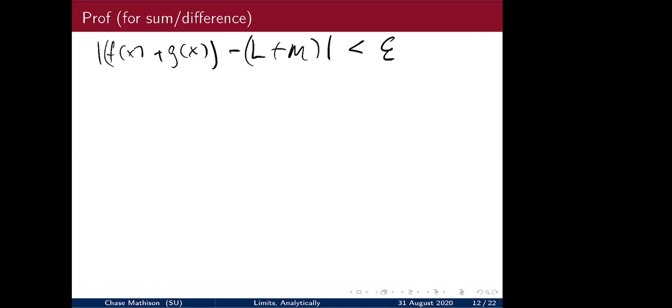Okay, but now I'm just going to simplify what's inside there. On the left, I can rearrange a little bit. This is the absolute value of f of x minus L plus g of x minus m. I want to show that this is true, right?